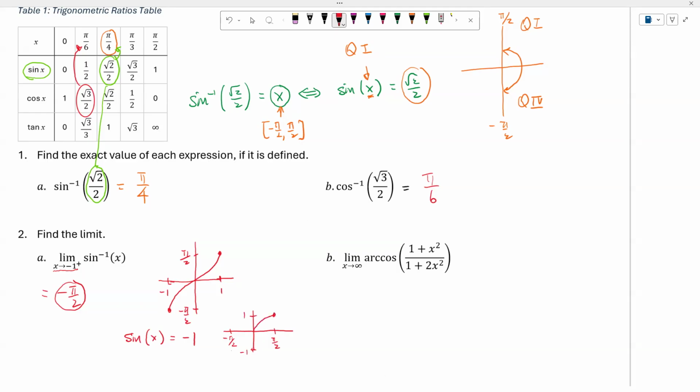So this is the sine function right here. Then if I'm looking for the angle that gives me the output -1, of course my answer will be -π/2. Remember this function right here is the sine inverse of x.